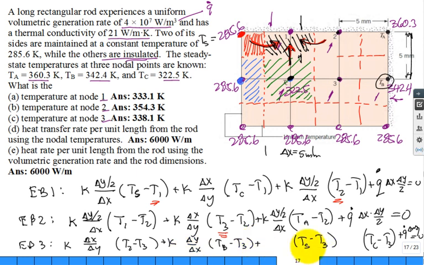And then from the surface down below into 3, the area is a delta x and the length is a delta y. And k times C into 3, the area is a delta y divided by delta x length.